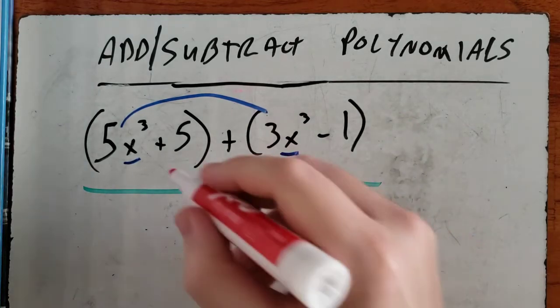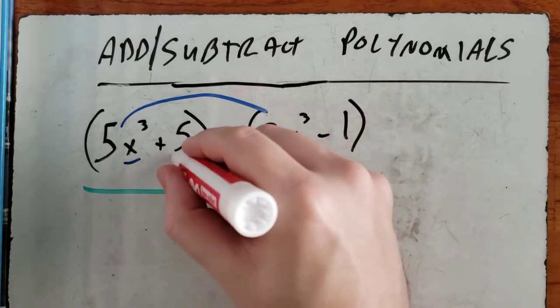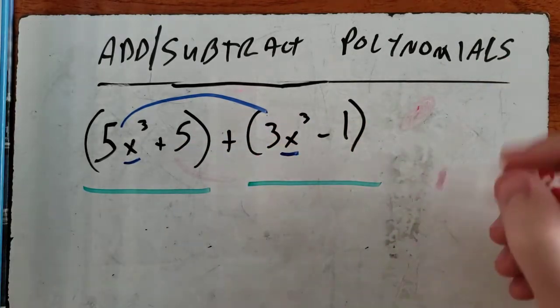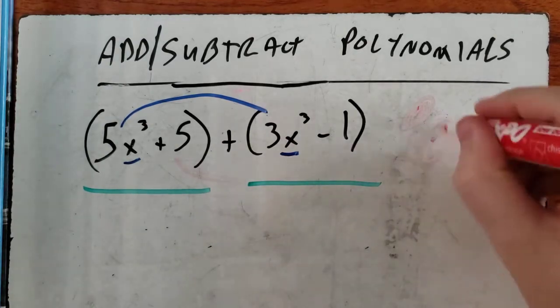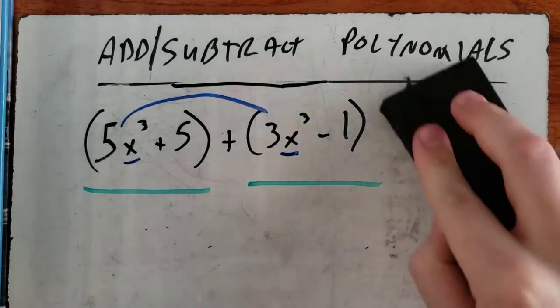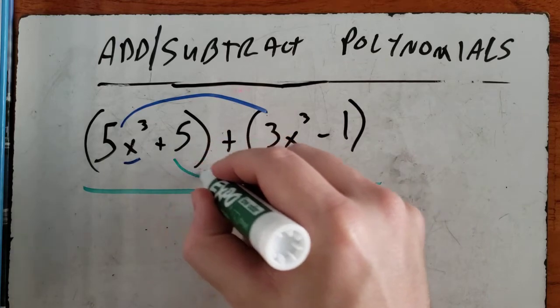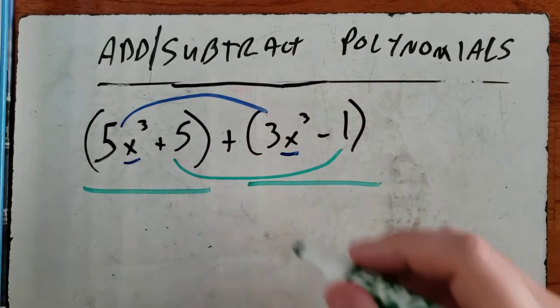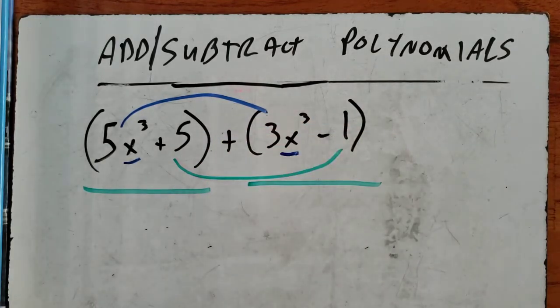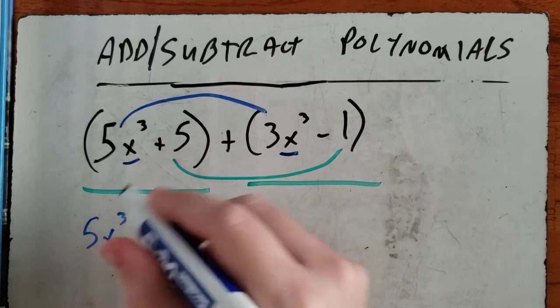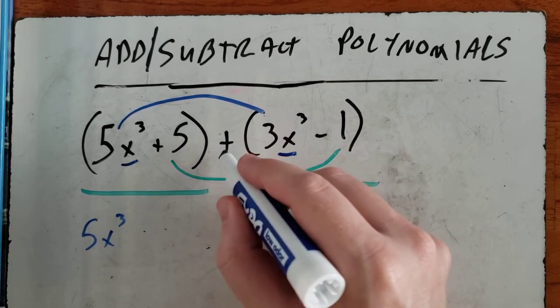And then we can add these two here because there's no variable. So if we add the first two, we can do 5x to the third, and whatever's in the middle is what you're going to do.